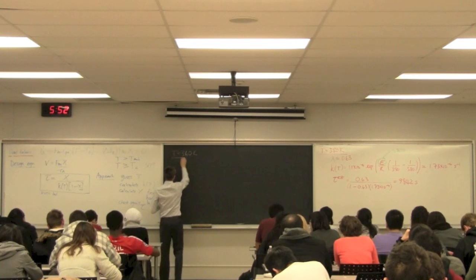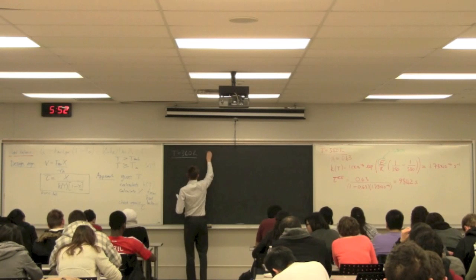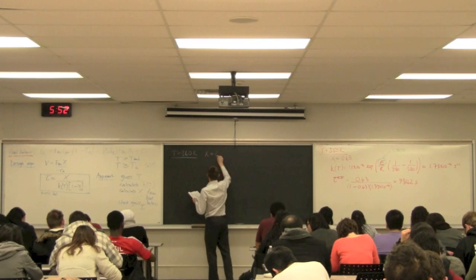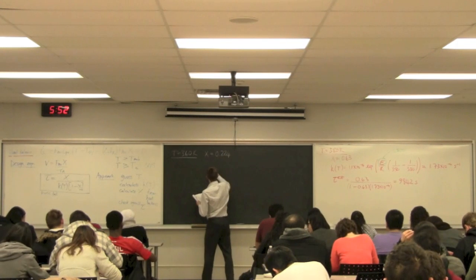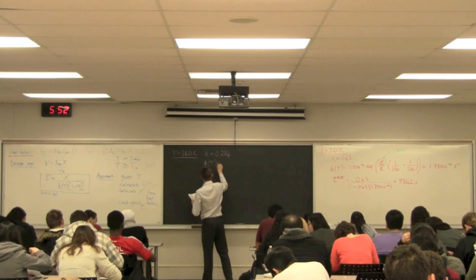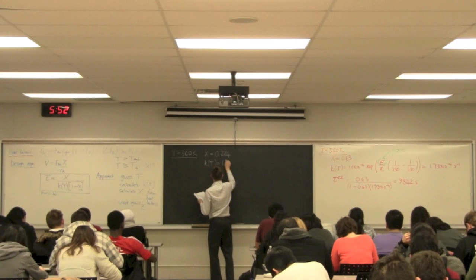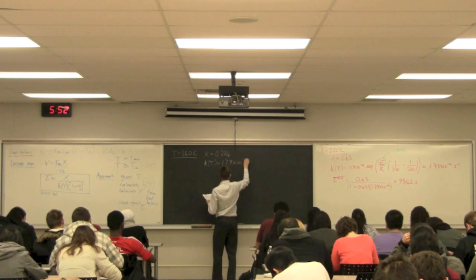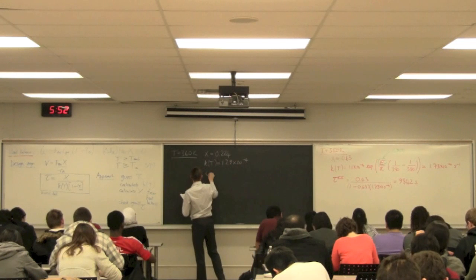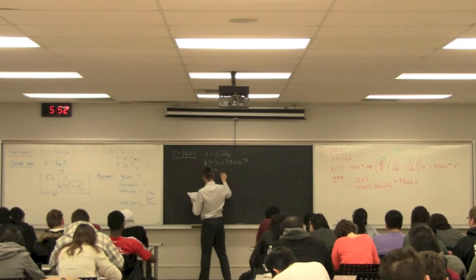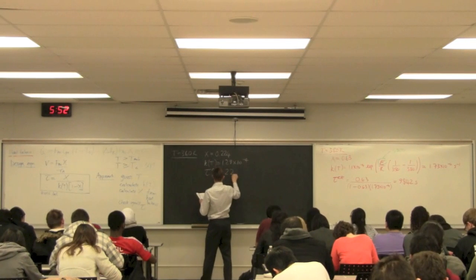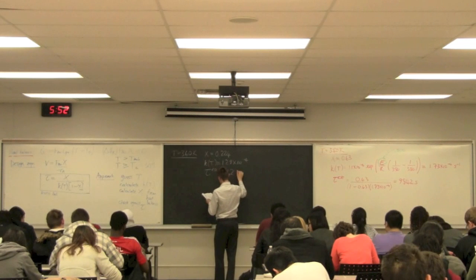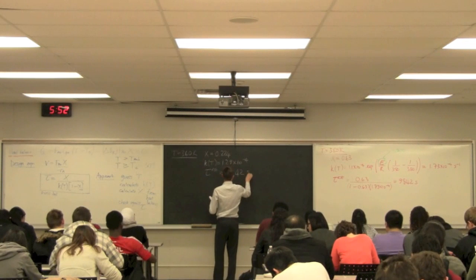If I'm guessing 360 Kelvin, you can show that the conversion now drops quite a bit to 0.224. Your K value comes out to 1.29 times 10 to the minus 4. And your estimated tau is now quite a bit lower, 2,242 seconds.